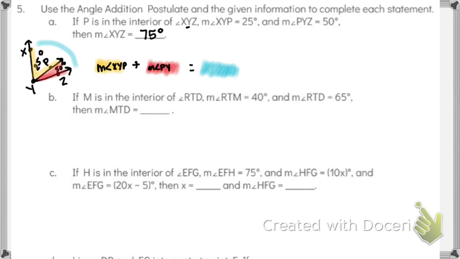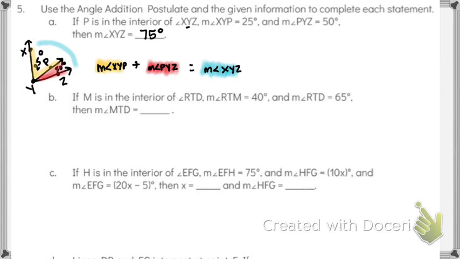Angle PYZ equals the whole thing. So our whole angle is angle XYZ. That is your angle addition postulate, okay?